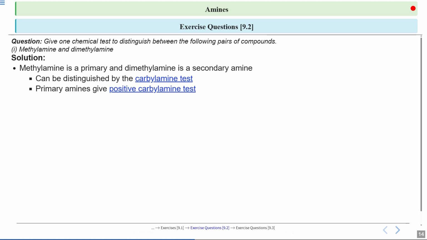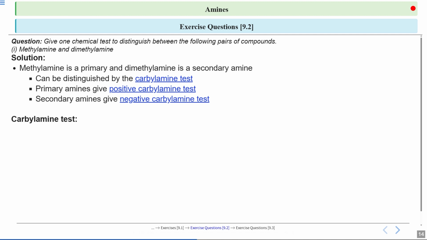You can easily detect the presence of a primary amine by the smell. So primary amines produce a foul smelling isocyanide, whereas secondary amines produce no such smell in the carbylamine test. That is why they give a negative carbylamine test.